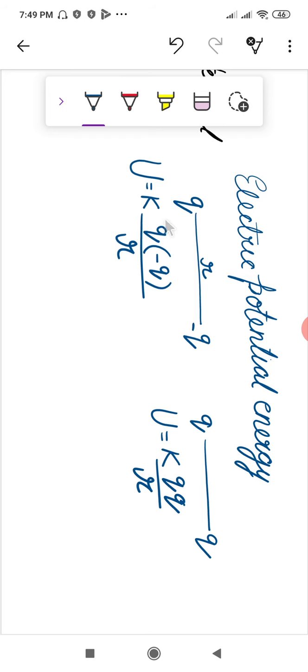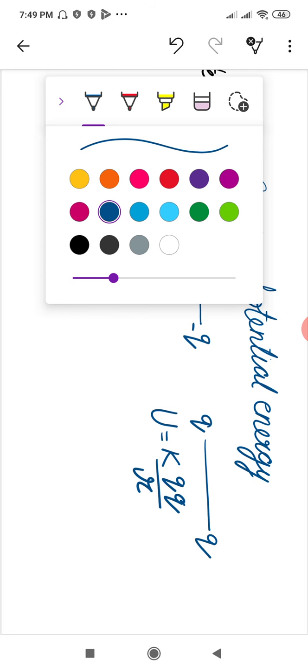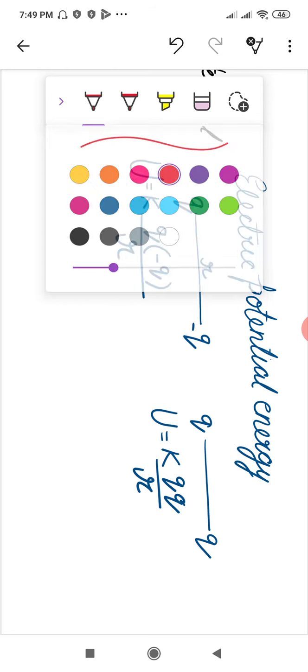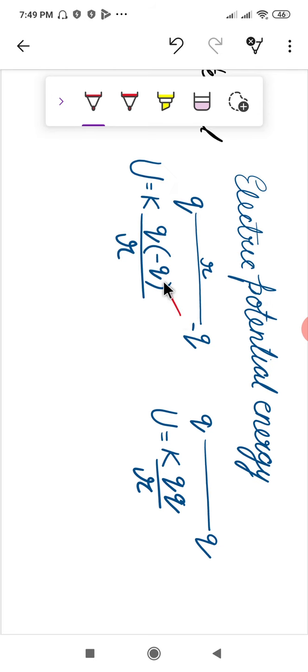Now just check out, in both the cases we are taking the sign in the formula. We are substituting the charges with sign. And that is the key of this whole concept.